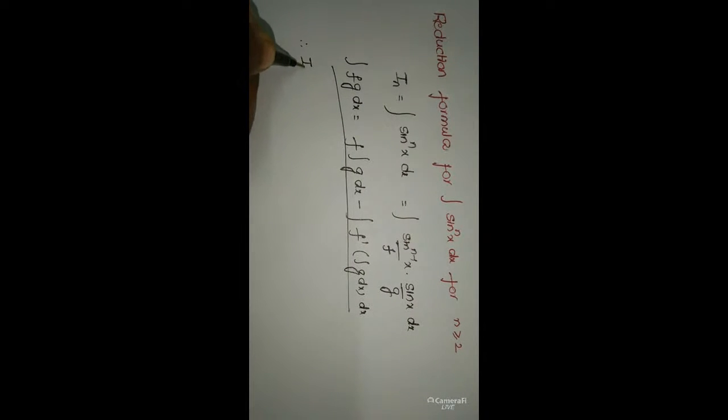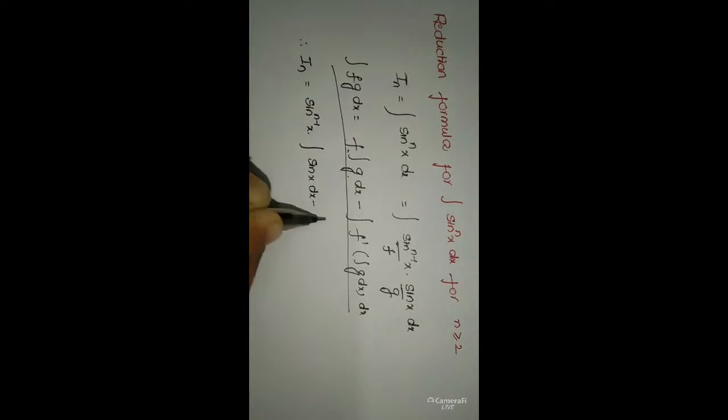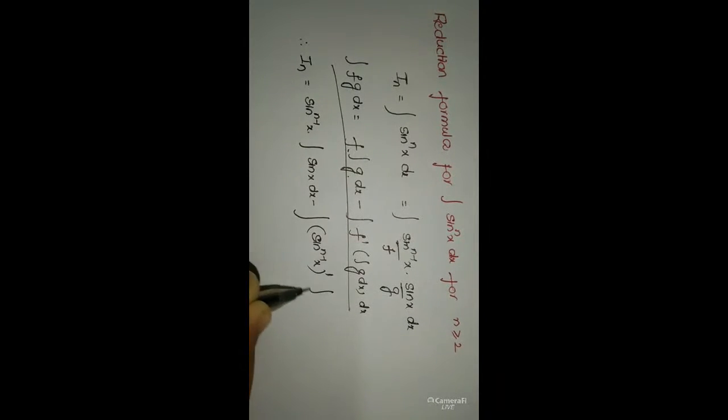Therefore I_n is equal to f into the integral of g. What is the f value? sin^(n-1) x into the integral of g, the integral of sin x dx, minus the integral of f dash, that is (sin^(n-1) x) dash, into the integral of g dx, the integral of sin x dx.